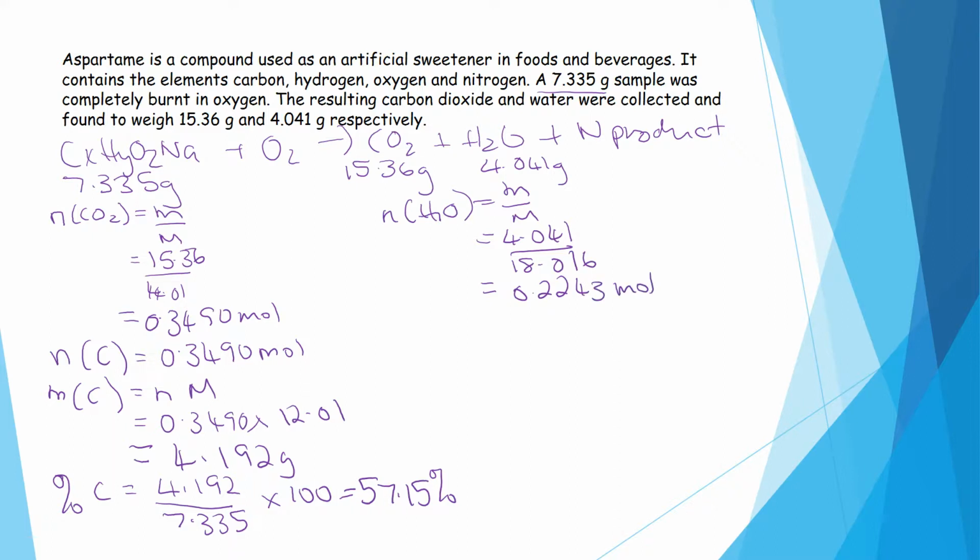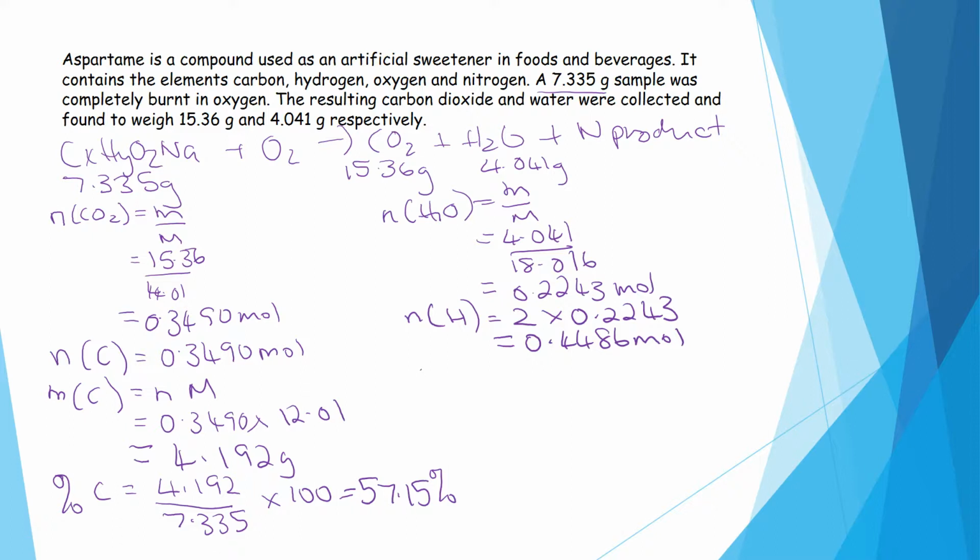Now you can see here there are twice as many hydrogens as there are waters, so the number of moles of hydrogen will equal 2 times 0.2243, which equals 0.4486 moles.